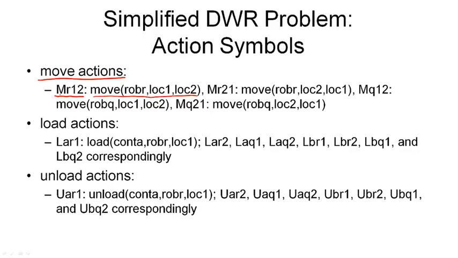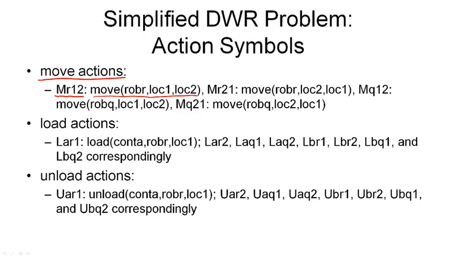The first thing you note here is that the first letter representing the action is a capital letter. I have used symbols with lowercase letters for state propositions, and I will use symbols starting with an uppercase letter for action propositions. And the first letter indicates which action this is. M for move.